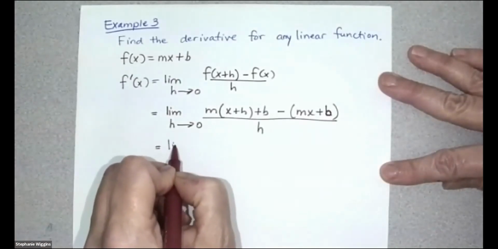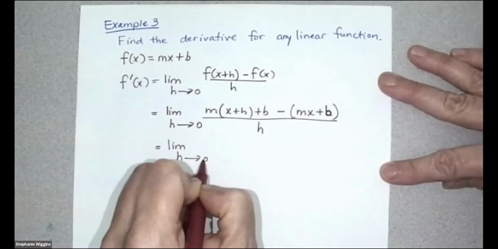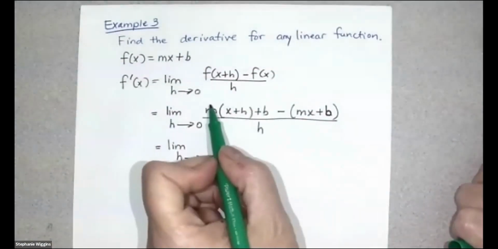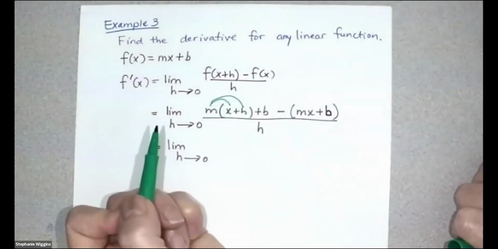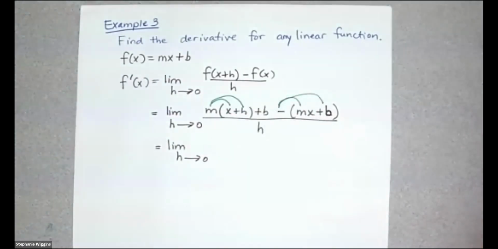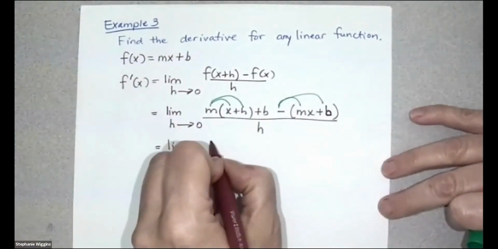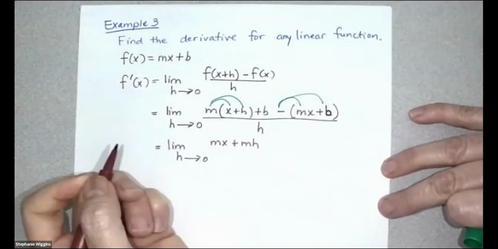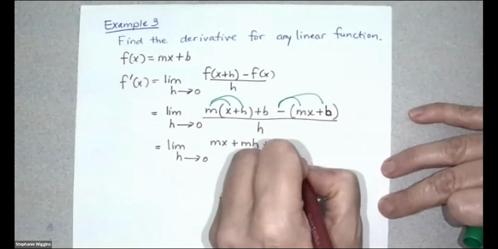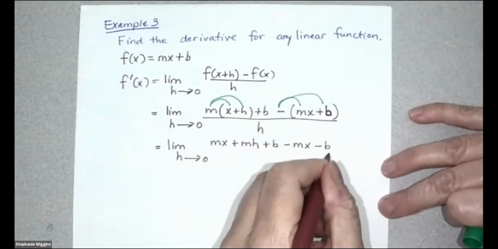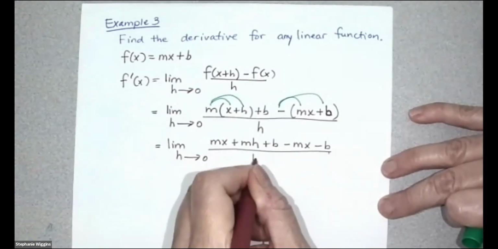And that's going to become the limit as h approaches 0. So now I need to distribute the m through, and then distribute this negative through. So I'm going to get mx plus mh plus b minus mx minus b all over h.